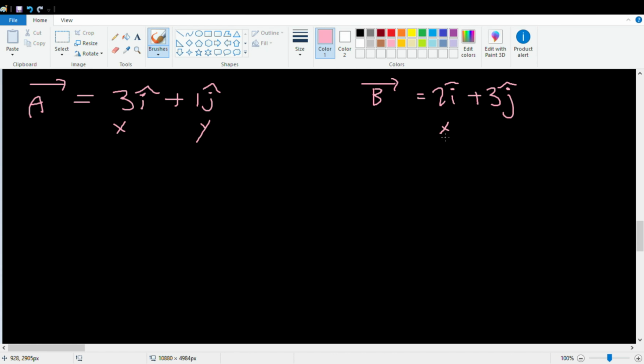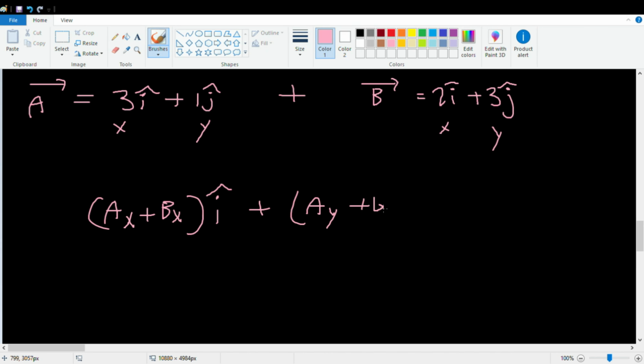Now, if we wanted to add these two together, remember this formula: it would be ax plus bx, which is just going to be i, plus ay plus by, which would be j.